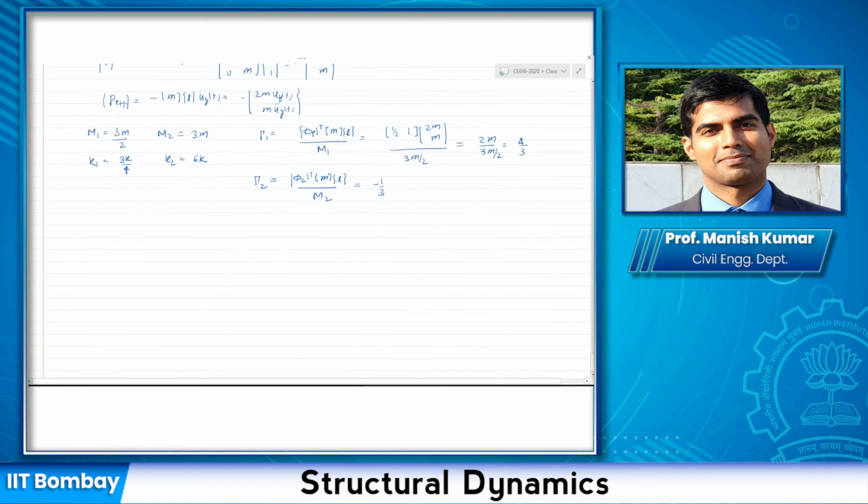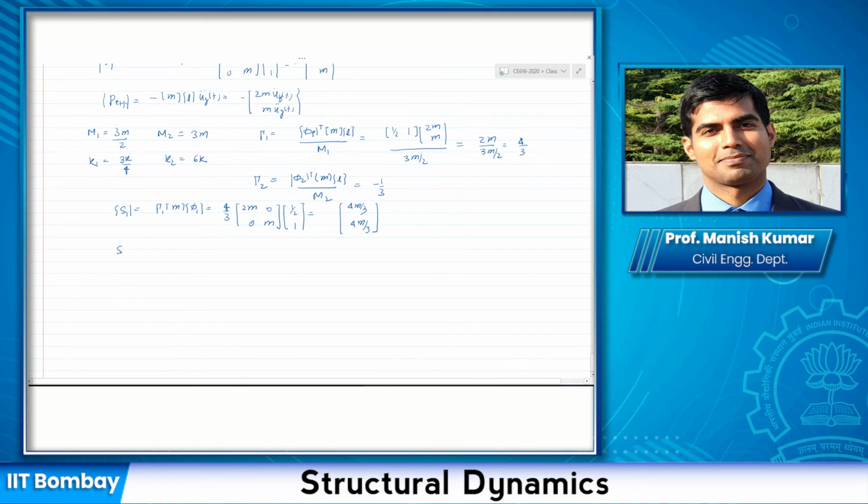So what would be my S1, which is associated with the inertial forces in the first mode? S1 is gamma 1 times mass times phi 1. So 4 by 3 times [2m 0; 0 m] times [1/2; 1], and this comes out to be m and m, so both would be 4m by 3.